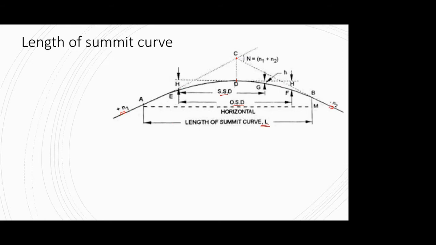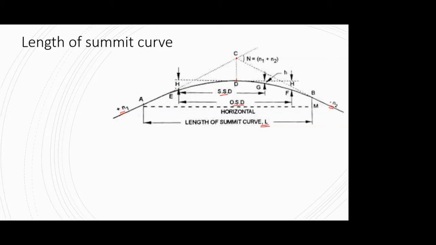If I consider stopping sight distance, we have seen in previous lectures on geometric design what stopping sight distance is: the distance required to completely stop your vehicle when you see any object in front of it.